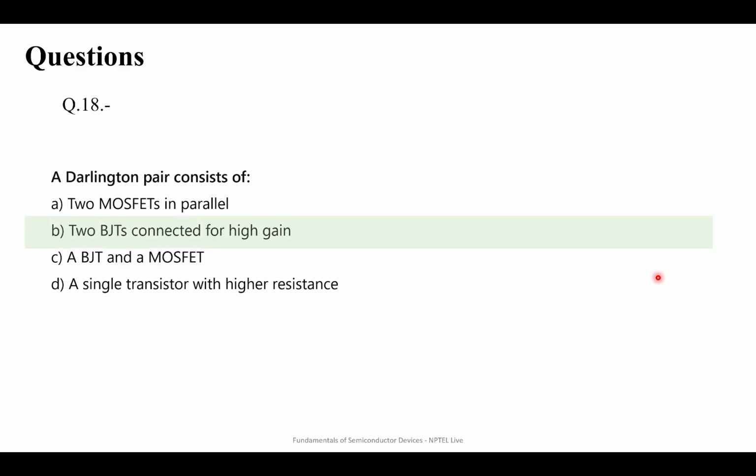So the answer to this would be two BJTs connected for high gain. So you know a BJT is an amplifier. So you connect the output of one BJT to the input of the second BJT, and so you can have multiplication of your amplification. So it will not be double amplification. It will be multiplied. So like 100 times 100, you will have an amplification of 10,000.